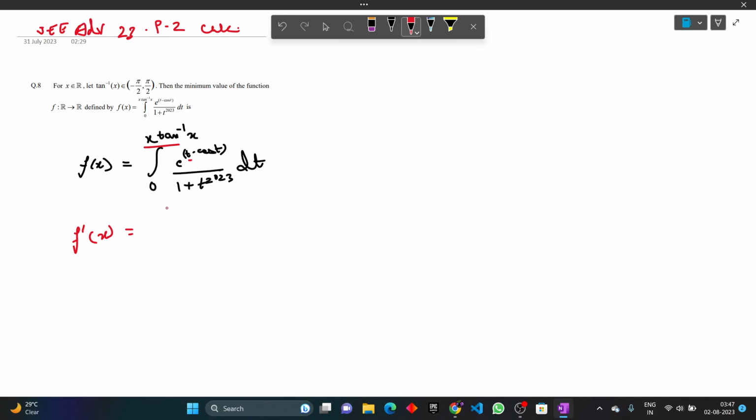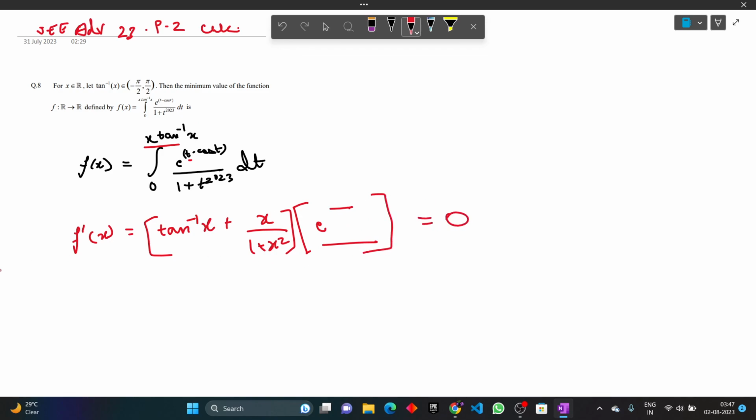This would be tan inverse x plus x upon 1 plus x square, into e to the power of the function replaced for t. Whatever that thing is, it doesn't matter. So this should be equal to 0.